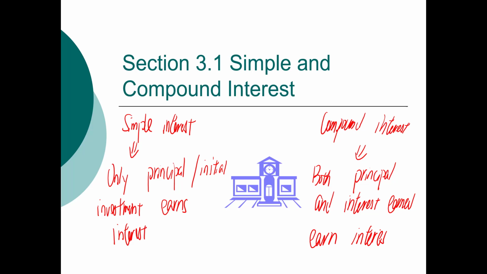So the main comparison is that with compound interest, the money is growing at a faster pace. So from the investor's perspective, compound interest is better. We're going to look into the details of these two different financial instruments.